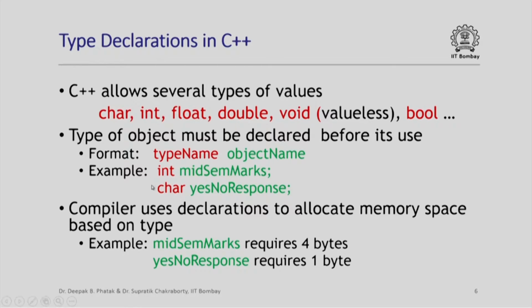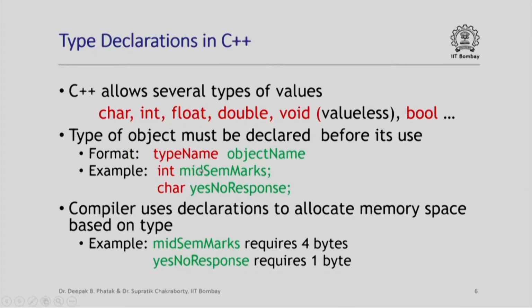Now, why are type declarations important? Because the compiler is going to use these declarations to allocate an appropriate amount of memory space based on the type to store the values that are going to be stored with this variable.